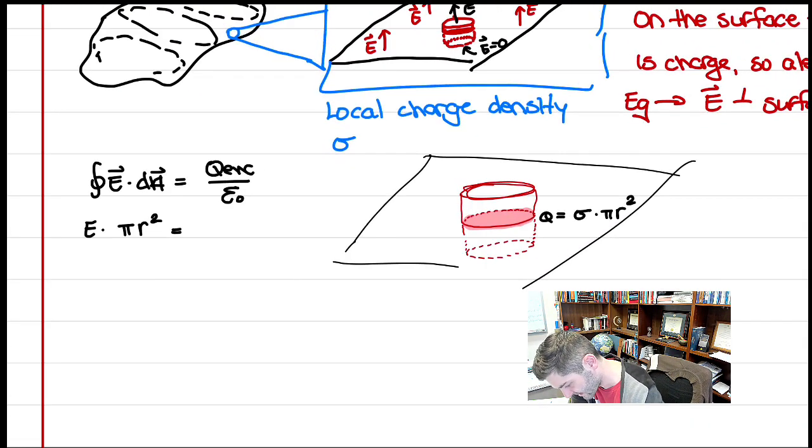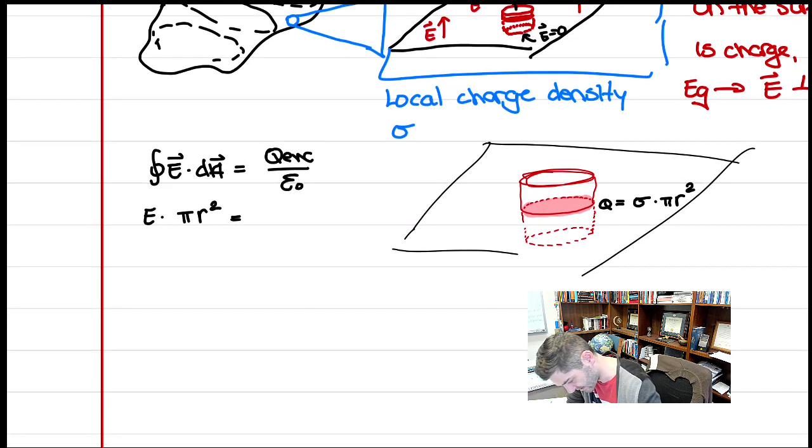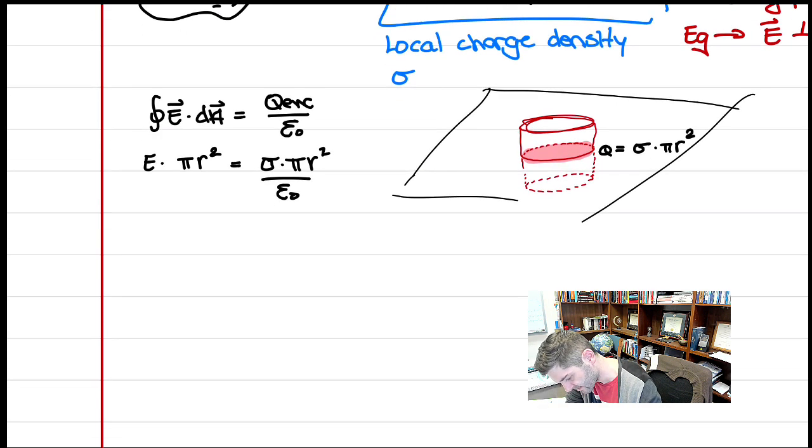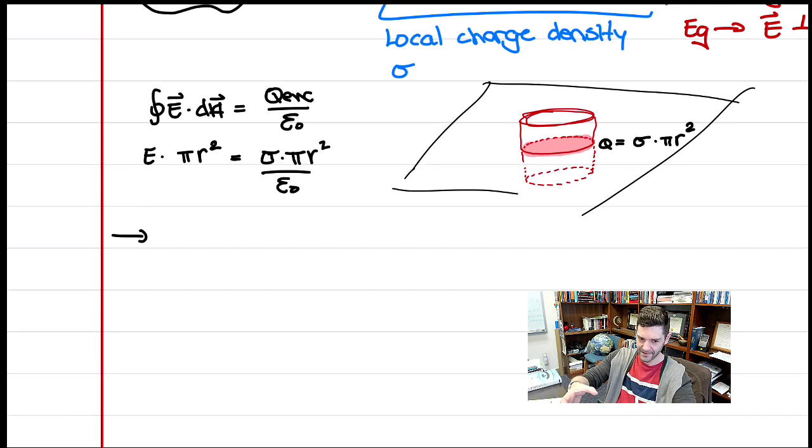Then if I zoom back out, the charge enclosed is sigma times pi r squared divided by epsilon naught. Notice that the pi r squareds cancel out, which is very helpful because that was arbitrary. This was this little Gaussian pillbox I dreamt up. Why should the size of it matter at all?